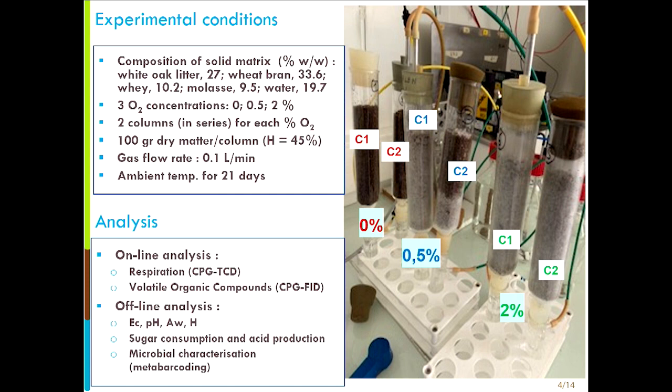The online analysis with GC measured CO2 production, oxygen consumption, and volatile organic compounds production with GC and FID. Offline analysis was done at the beginning and the end of the process, with parameters that I will detail later. Sugar consumption and acid production were followed by HPLC, and microbial characterization by metabarcoding.